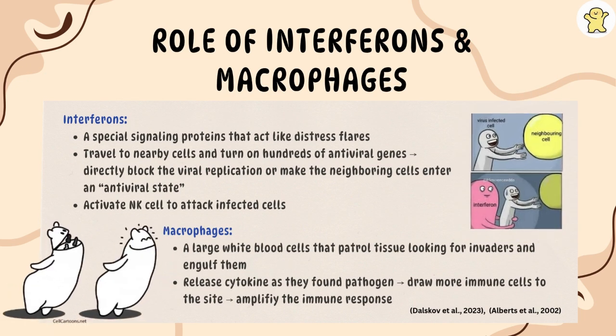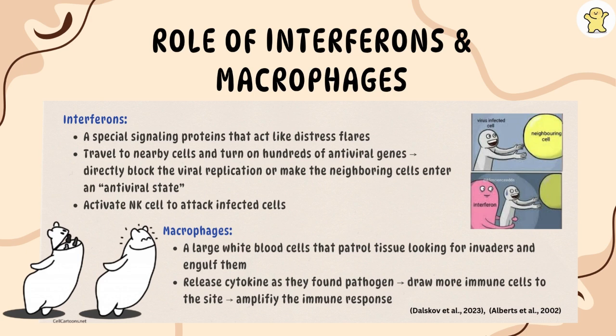The next part is the role of interferon and macrophages. Interferon is a special signaling protein that travels to neighboring cells and turns on hundreds of antiviral genes, which then directly block viral replication or make the neighboring cells enter the antiviral state. It will activate NK cells to attack the infected cells.